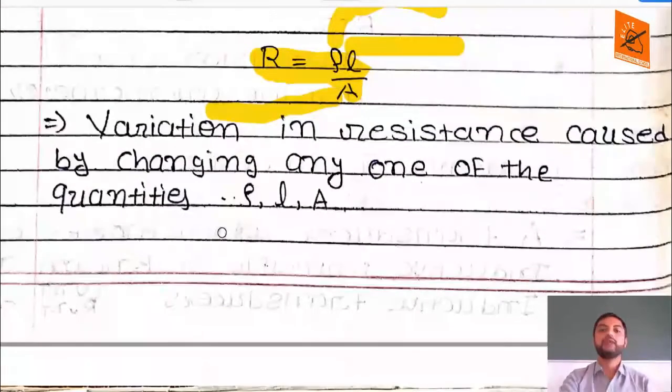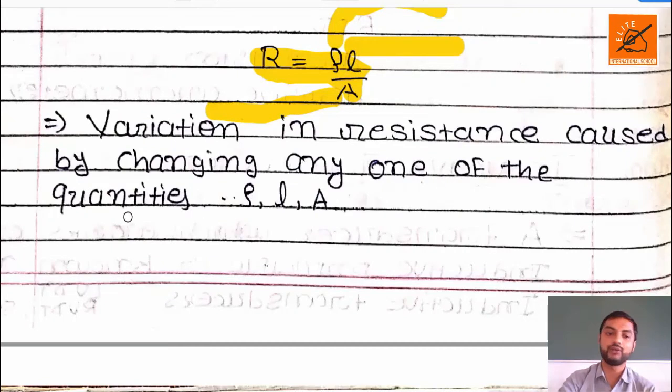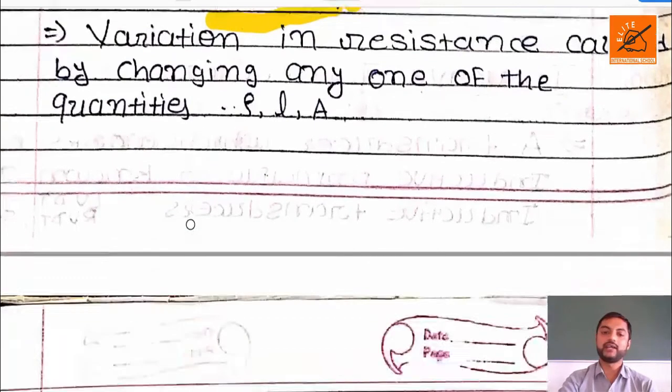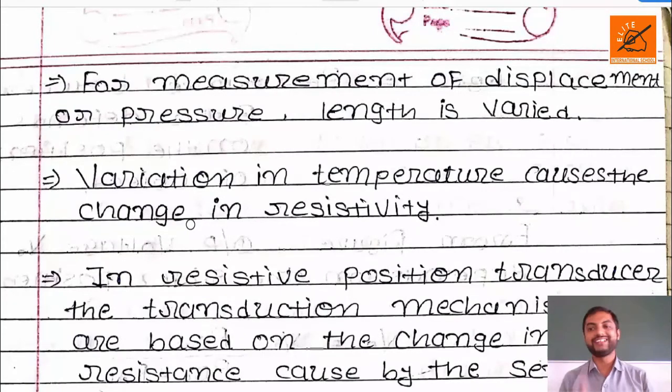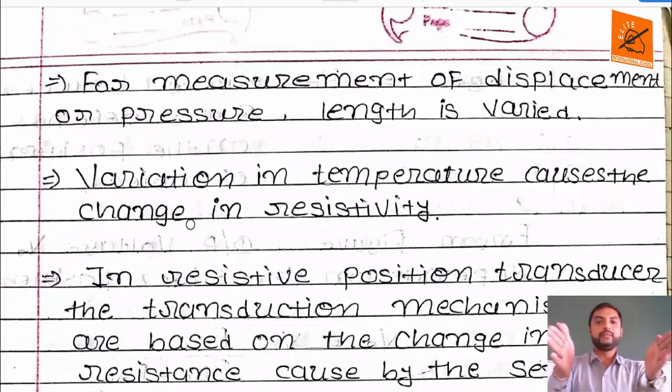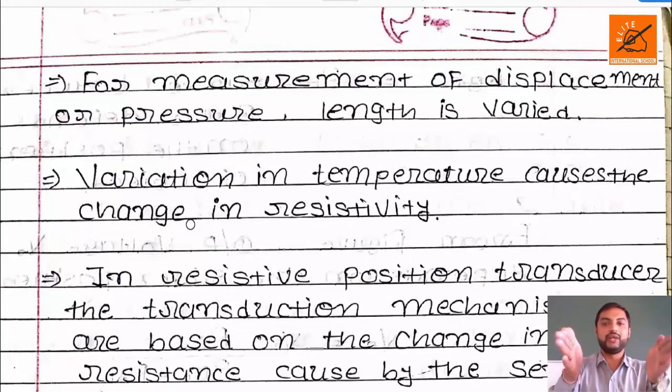Next point, variation in resistance is caused by changing any one of these quantities: rho, L and A. For measurement of displacement or pressure, length is varied. See, I am giving an example. This is the material or resistive element.